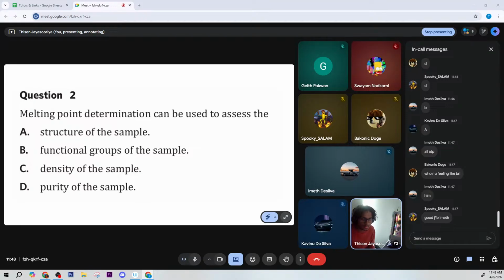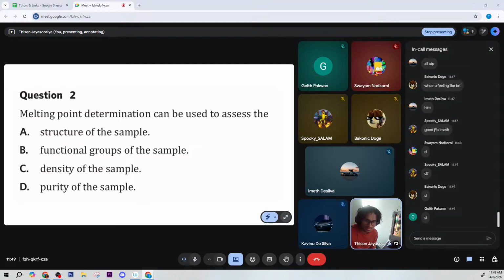If you don't, put your thumbs up or thumbs down, and then have a go at this one. So the melting point test, you have to understand it. Here, melting point determination can be used to assess... Swayhan says D. What does everyone else say?